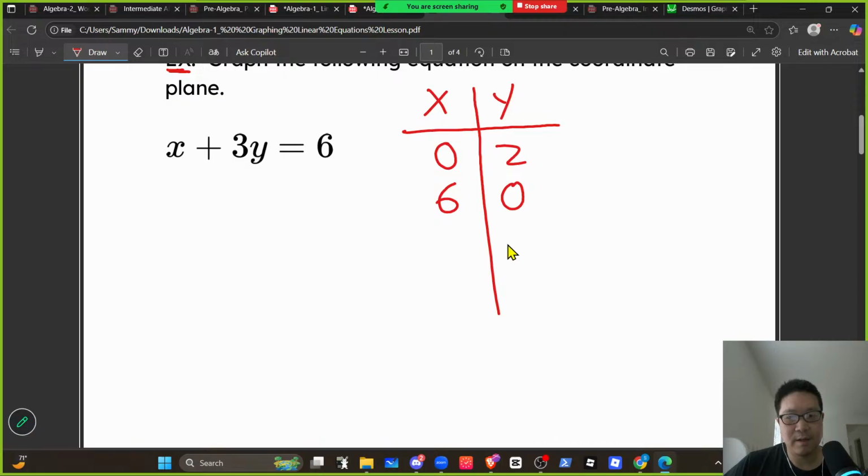And how about when y equals 1? What would x be if y were to equal 1? Wait, no. 3. So x would equal 3. So now we have 3 points, which I think is enough to graph a line.